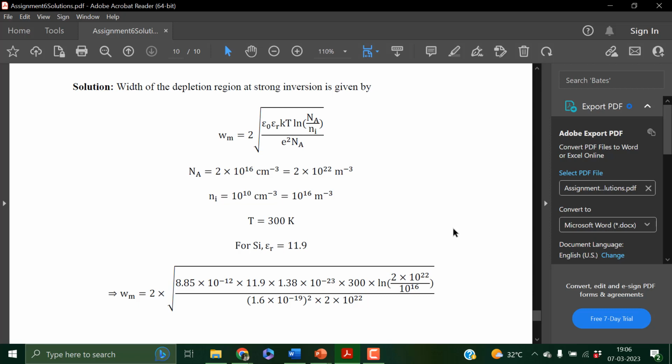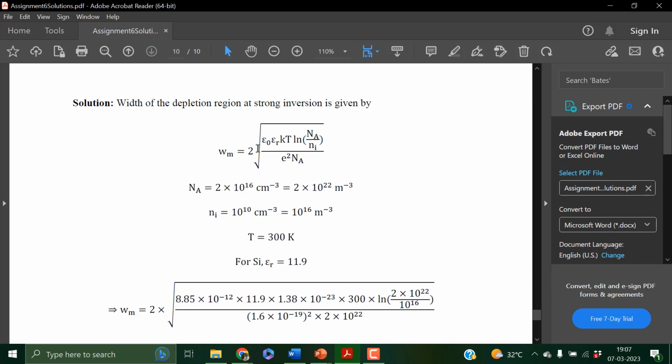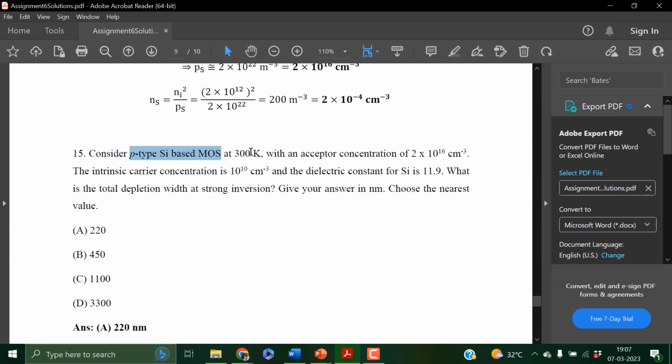It is the difference between the Fermi level of the intrinsic semiconductor and the Fermi level of an N-type or a P-type semiconductor. And phi s, the surface potential, is the difference towards the junction, towards the oxide side surface. Okay. So in this case, what will you be using? They have asked the width of the depletion region, right? Yes, ma'am.